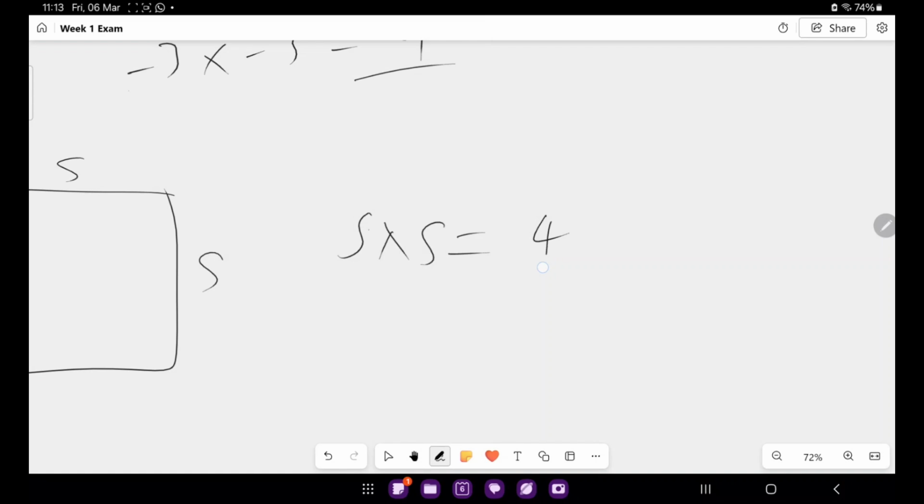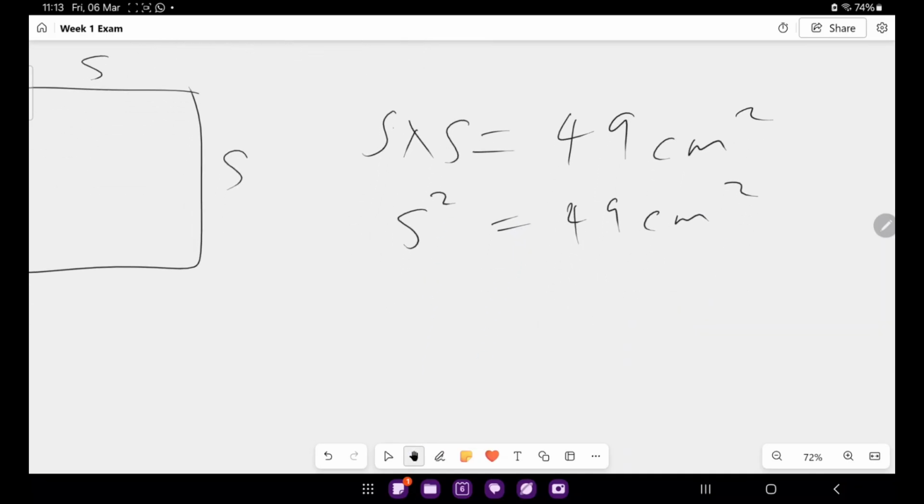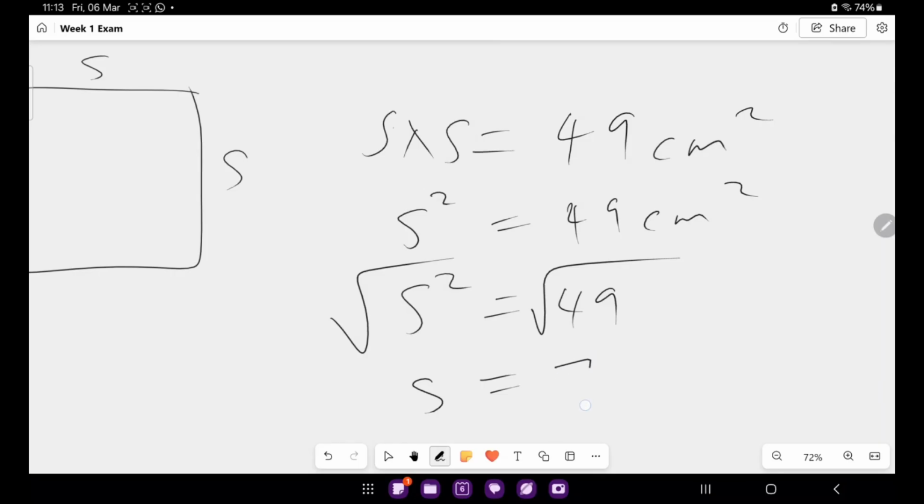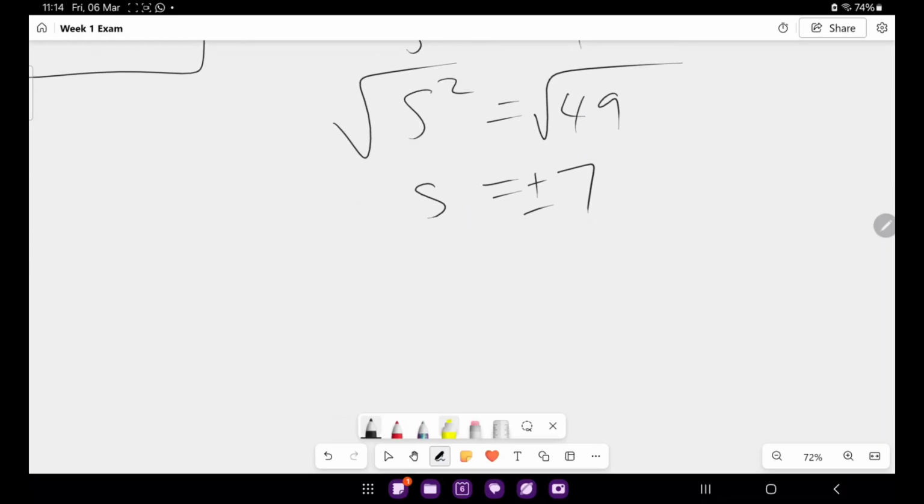But we are told it's equal to 49 square centimeters. So side times side, we get side squared, which is 49 square centimeters, right? And then we want to look how big is one side. So we say s squared is equal to 49, apply square root both sides, then s is equal to 7, plus or minus 7 initially at first, but we get to 7.